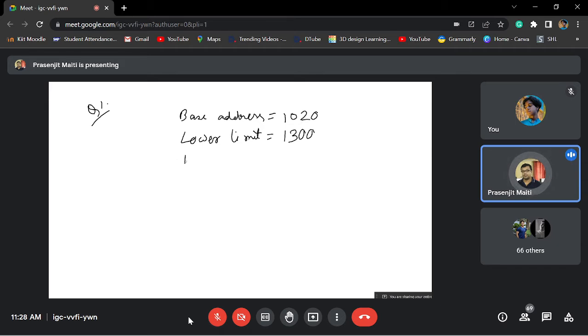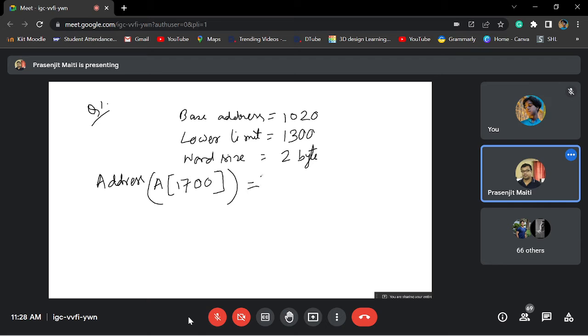To store one element, that means the word size, is 2 bytes. Find out the address of A[1700].